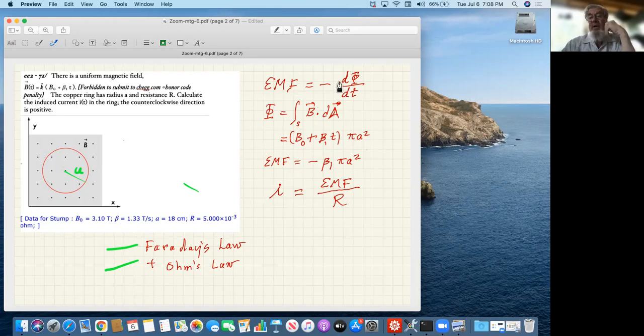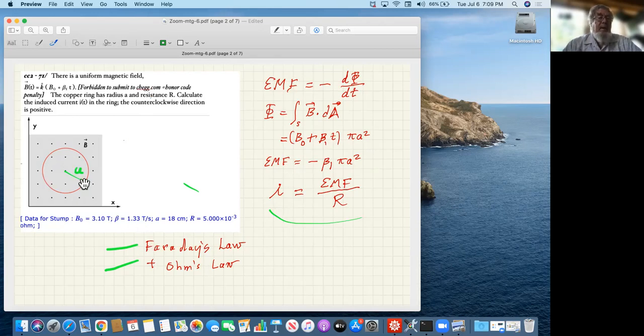And now you take the derivative, or actually the negative derivative, to get the EMF. This term doesn't contribute. It's the time-dependent term which gives an EMF, which is minus beta 1 times pi a squared. And then the current would just be that EMF divided by the resistance, which is given in the problem. So that's a good example of the use of Faraday's law.